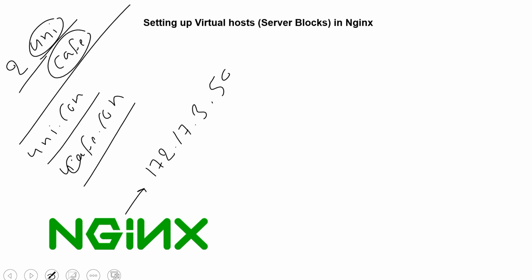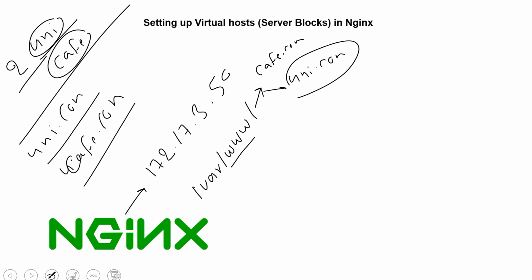Inside the Ubuntu server there is the path /var/www/. Inside the www folder I have 2 folders: one named coffee.com and one named university.com. Inside university.com are all the files of my university webpage, and inside the coffee.com folder are all the files of my coffee.com website.